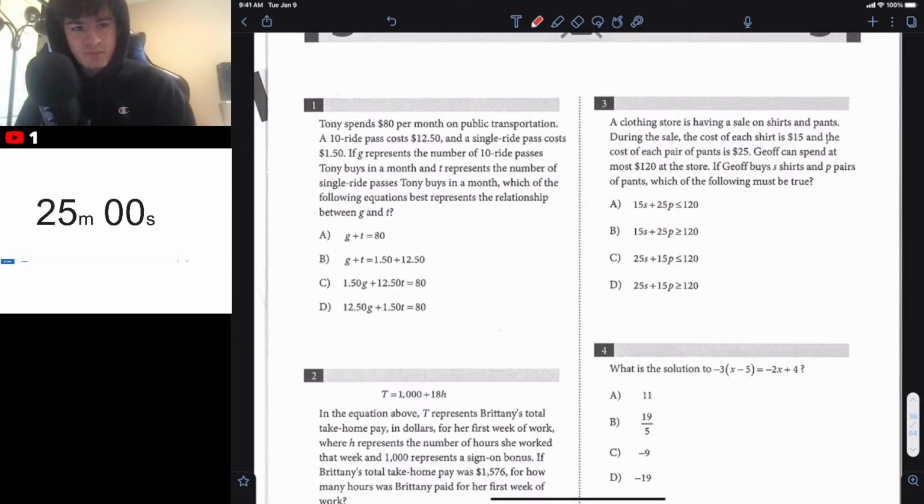Let me just make sure this timer's working. Start. Maybe. Maybe not. Okay, let me think about that. I might have to reset and then go like this. Maybe if I do this. Are you guys able to see?